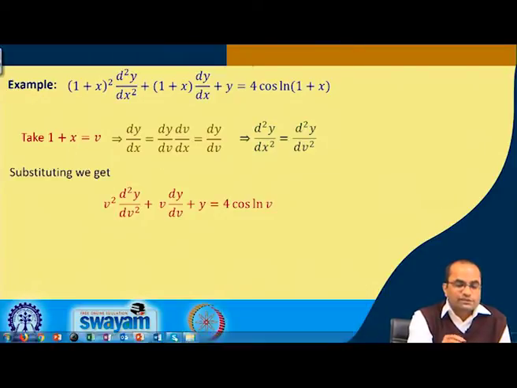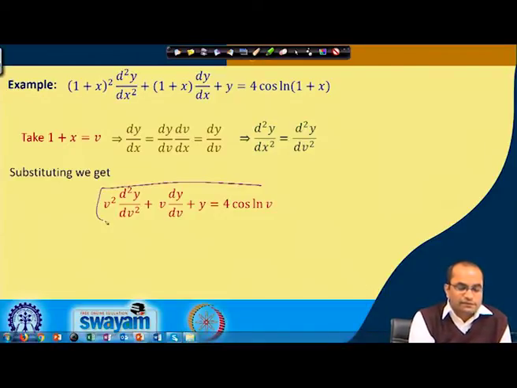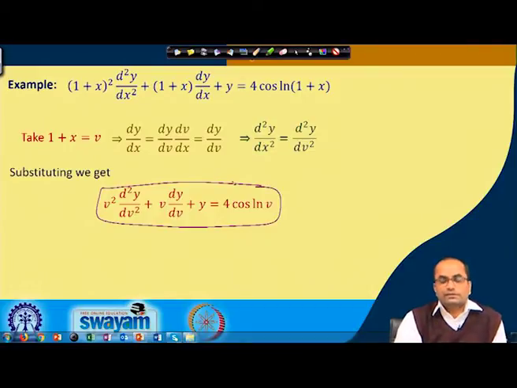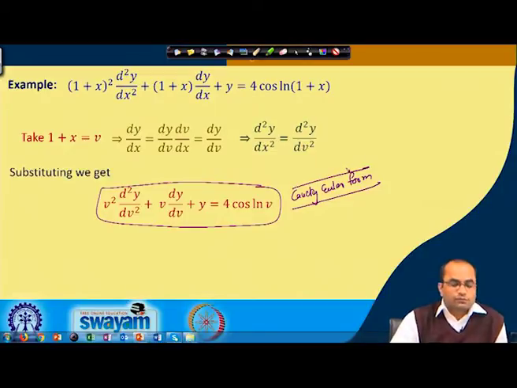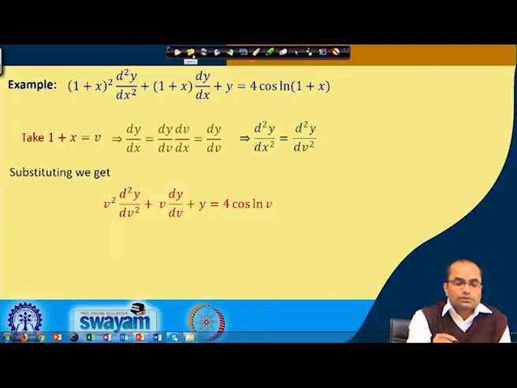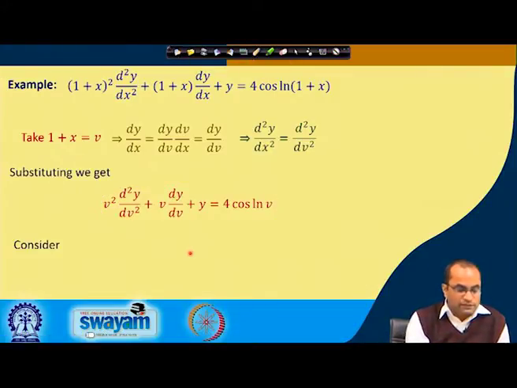Now this equation is exactly the Cauchy-Euler form, which we have solved just before by an appropriate substitution of the independent variable with a new independent variable.